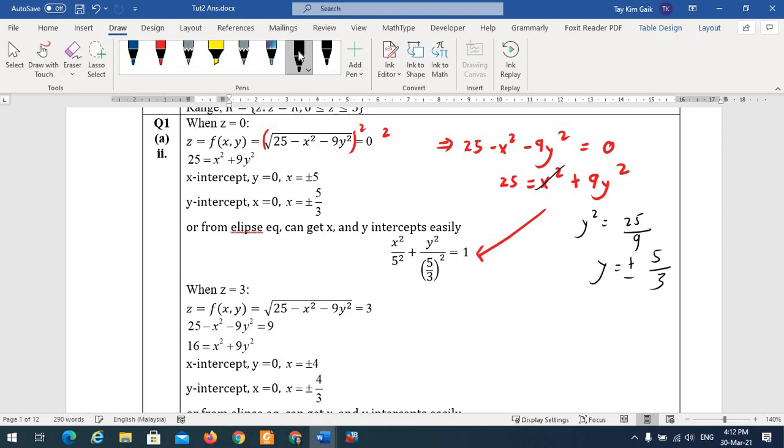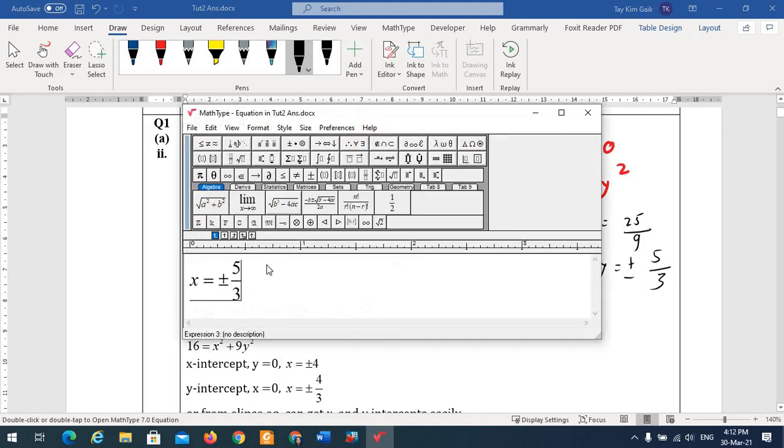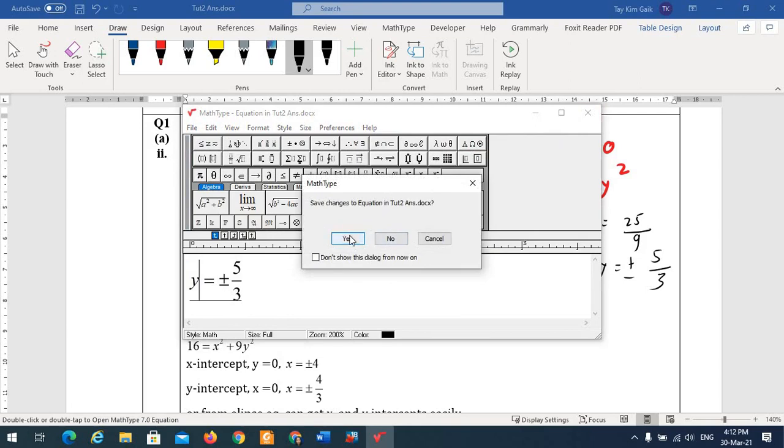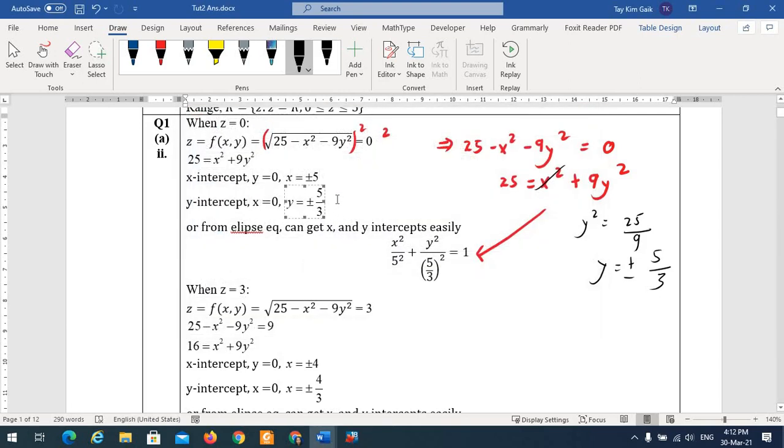When y is 0, x is positive negative 5. When x is 0, the y-intercept is positive negative 5 over 3. So with these intercepts, you can sketch your ellipse.